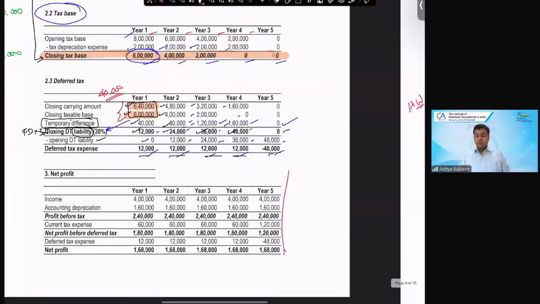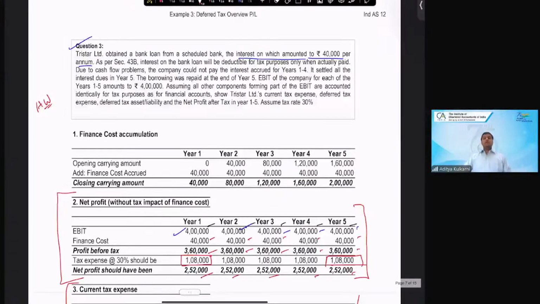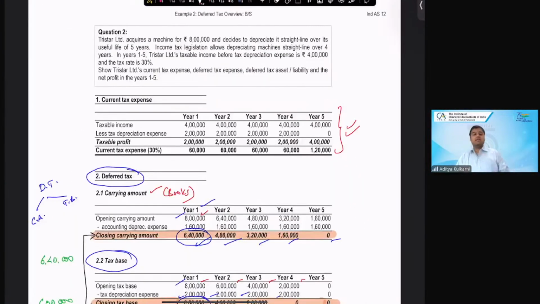Now my point is, I want you to go through this once after today's session, just to understand how the balance sheet approach works. Can you do that?